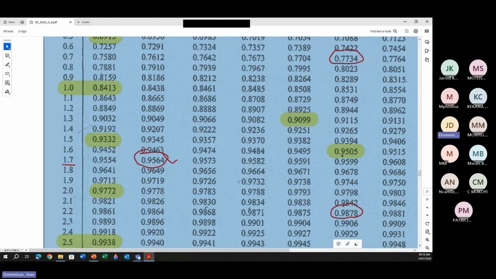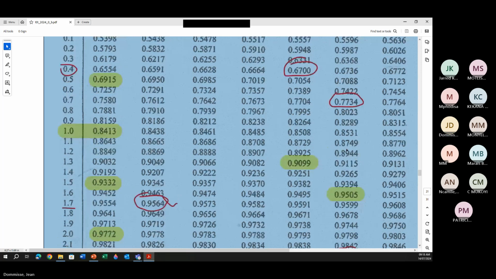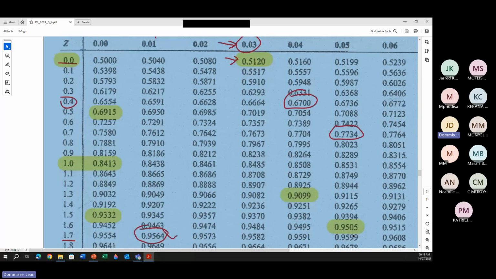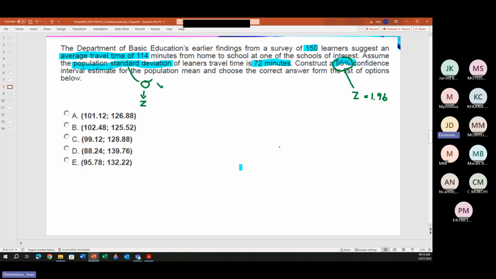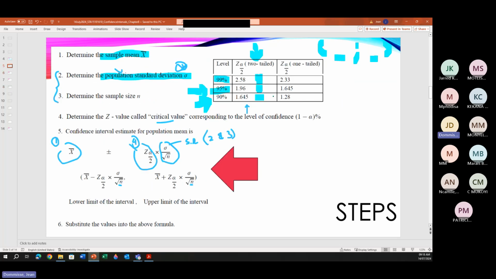If we were doing a one-tail, it would have been 1.65. Okay, so if we did it for 95, 1.65. Just to show you, you can get it from the tables as well.